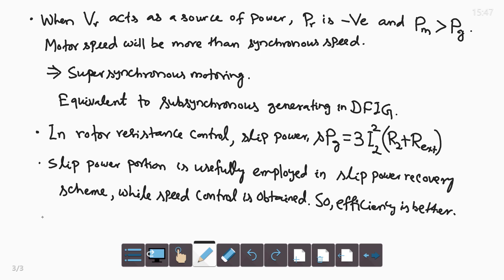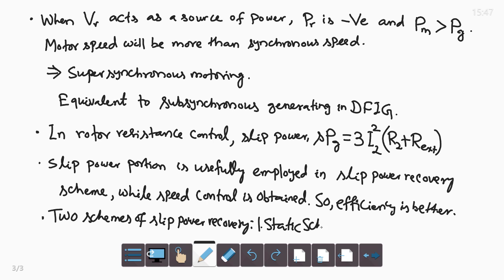So, there are two schemes of slip power recovery. First one is the static Scherbius drive, second one is the static Kramer drive.